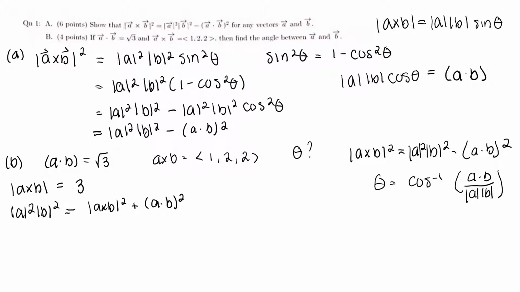So we just found what a cross b is. The magnitude of a cross b squared is just 3 squared, which is 9. So we can substitute that in. We were given that a dot b equals the square root of 3, so we can do the square root of 3 squared, and then we can solve for that.